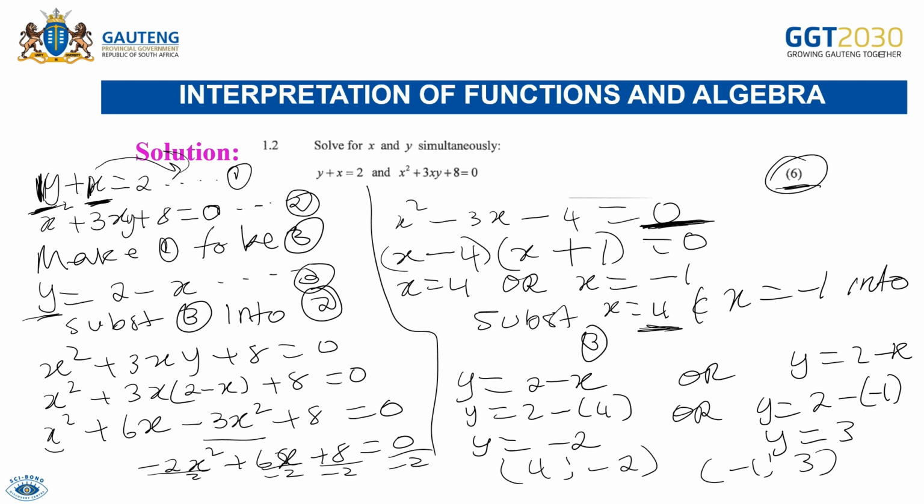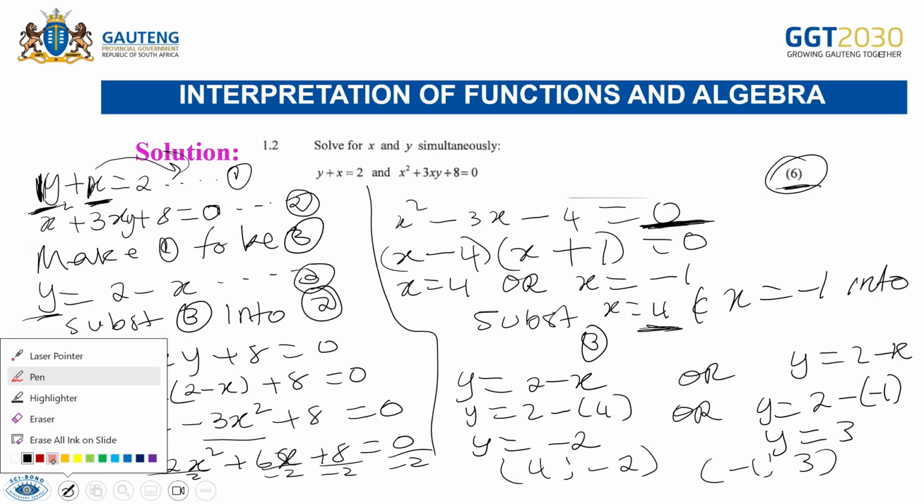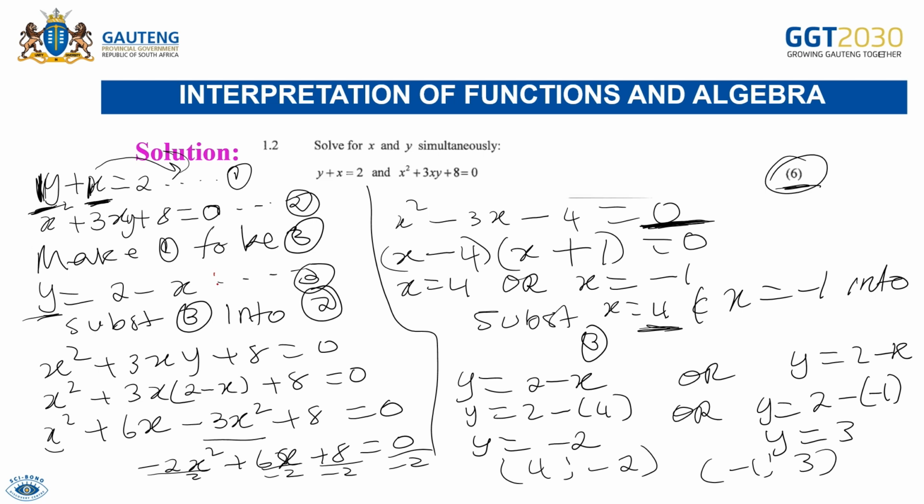So the 6 marks, how do you obtain them? Let's see. You get 1 mark for making equation 3 correctly. You get a mark for the correct substitution. Then you get a mark for getting your equation in standard form.